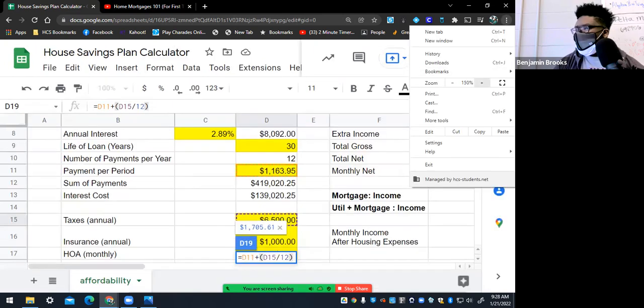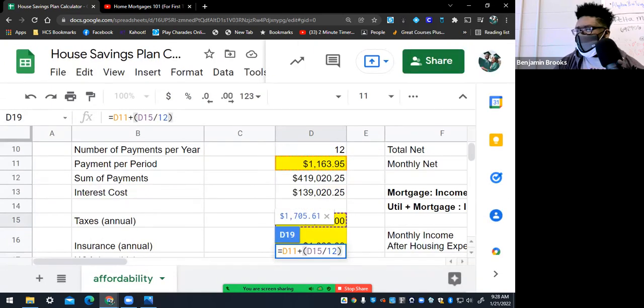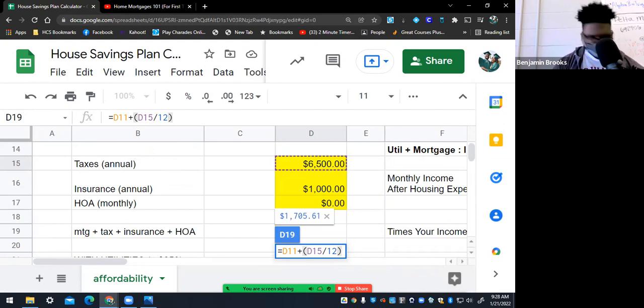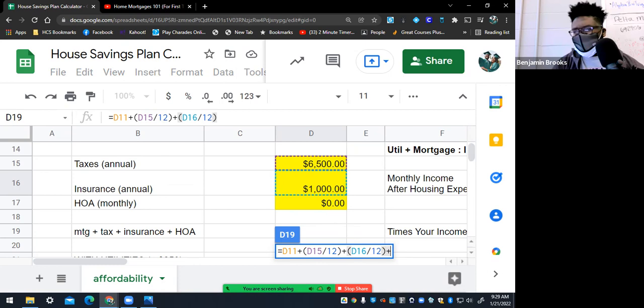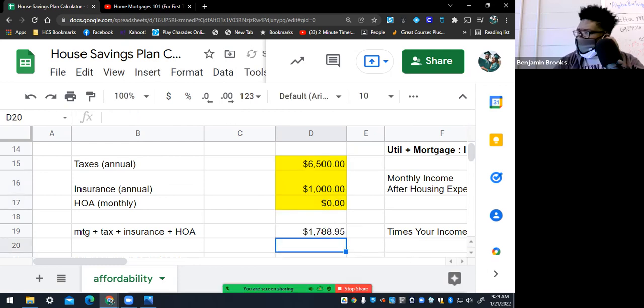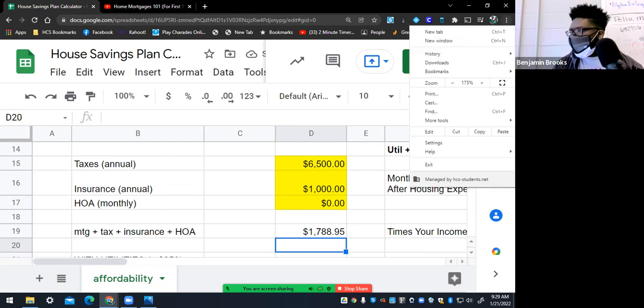I put everything in parentheses, but you probably don't have to. Let me blow this up a little bit so I can see better. Our taxes divided by 12 plus our insurance divided by 12. Put that in parentheses, and then plus your monthly HOA fee. Remember, I'm dividing by 12 just because those are yearly figures.